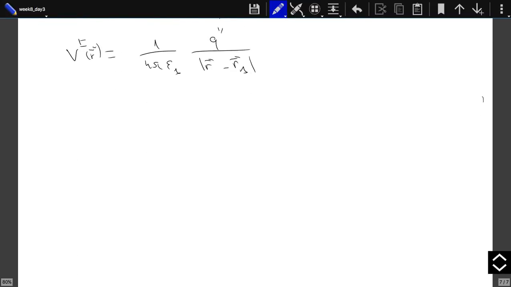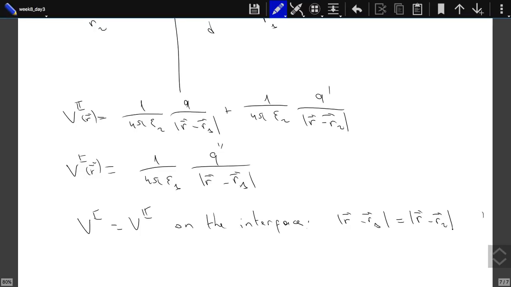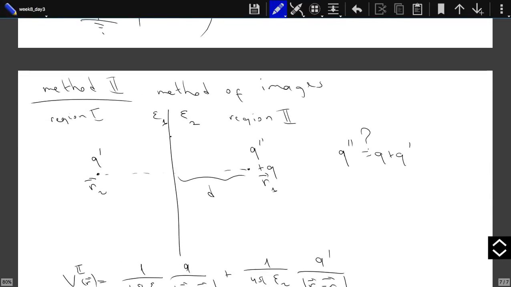Well, what do I know about the potentials? First of all, they have to be continuous. Well, on the interface, r minus r1 is equal to r minus r2. This is what we have on the interface. So if you take any point over here, this distance is equal to this distance.